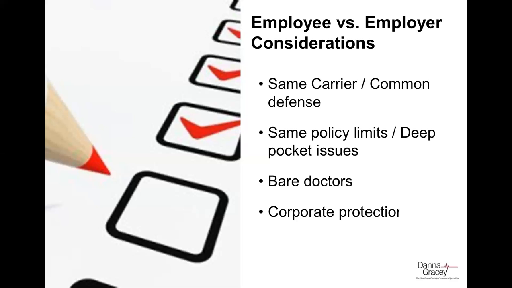So with many doctors just carrying $250,000 in coverage, when you add on a group corporate protection, then you, in essence, double the limit in the event of a claim, and it's often priced anywhere between 10 and 25% of the doctor's policy.